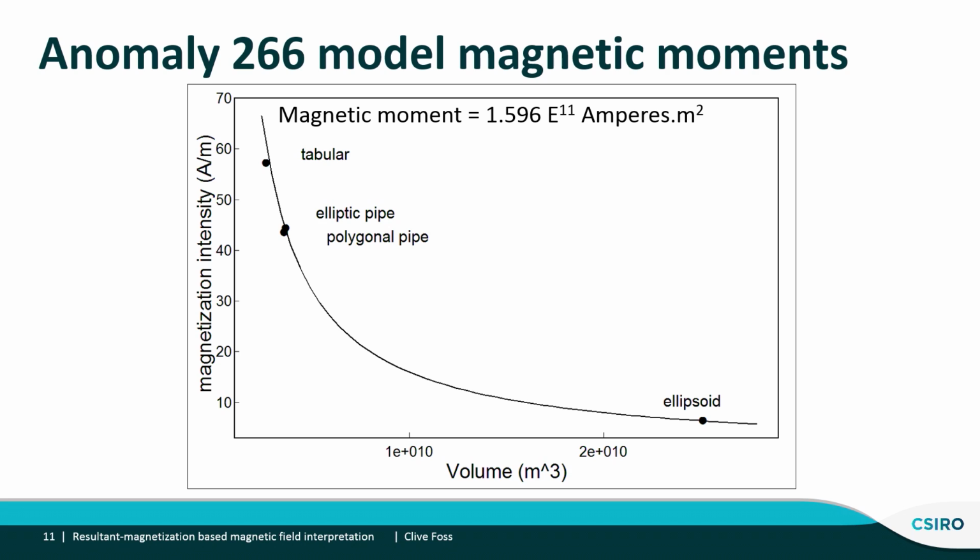That is also consistent. I don't have any voxel models for this anomaly, but if I had, I would expect that if you took the volume and magnetization intensity for those models, they would also fall somewhere on that line with the same product of volume and magnetization intensity. So that's the third factor which is reliable.